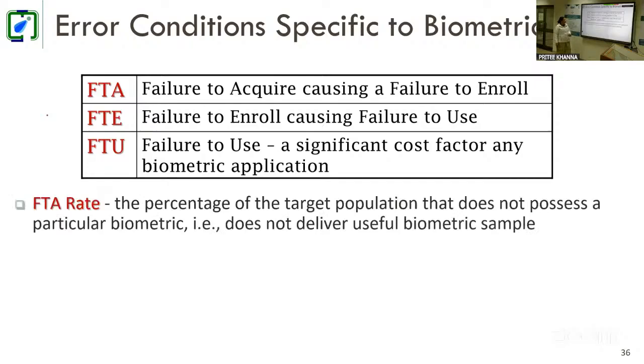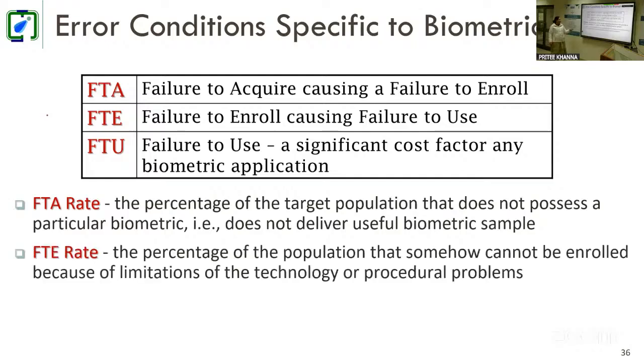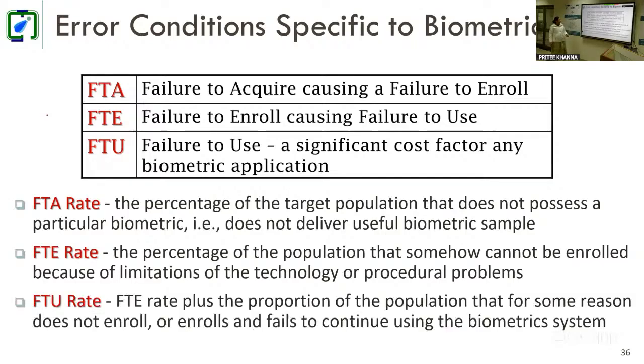So here you can see the FTA rate: the percentage of the target population that doesn't possess that quality. So how can they use it? Similarly, there is the rate for those who are enrolled, but due to some reason, someone is not.